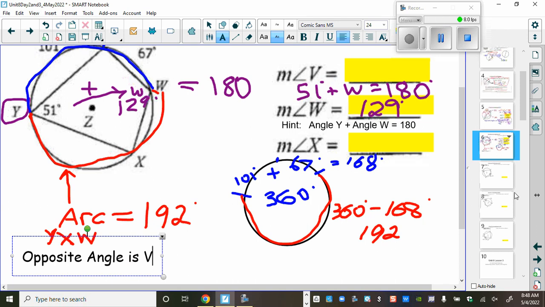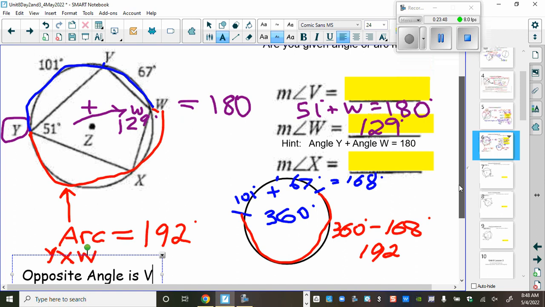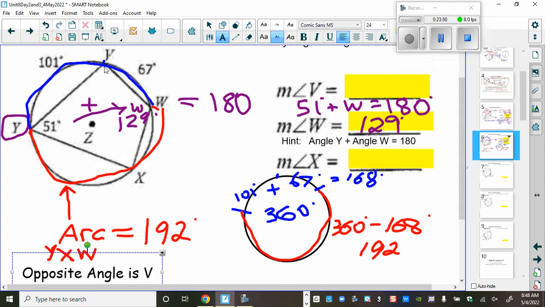So now, is angle V in the center of this arc or the circle? Where's angle V located? Is it at the center or not center? Here's angle V. Is that center or not center?